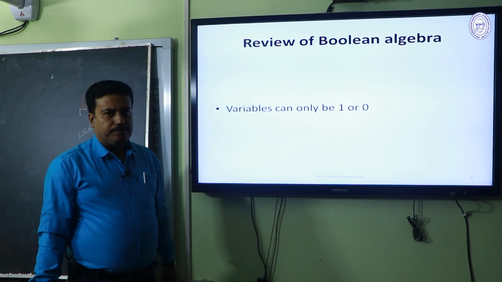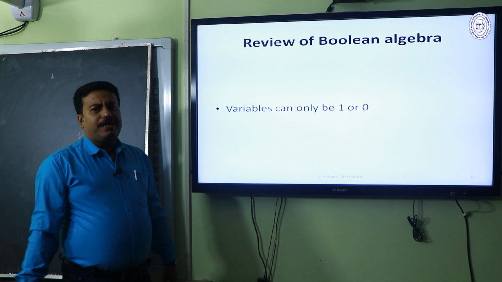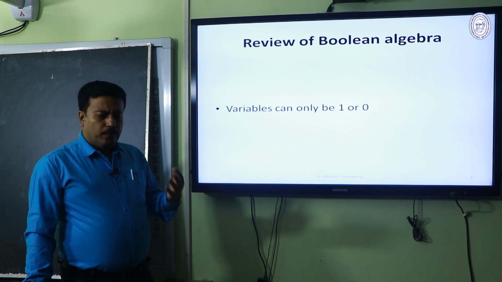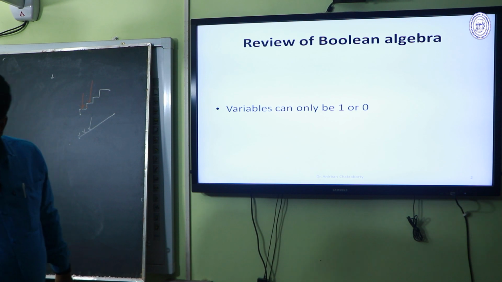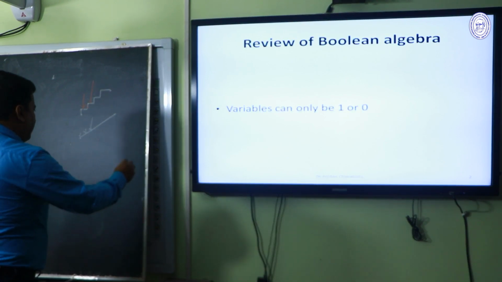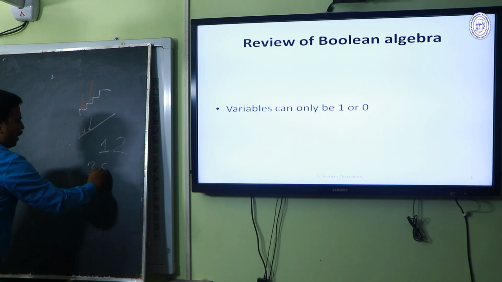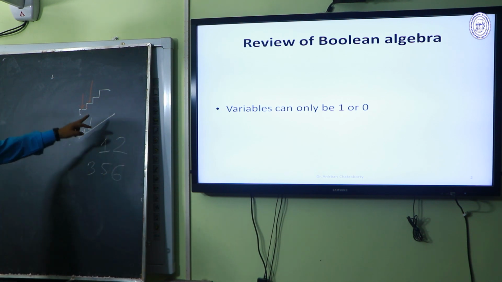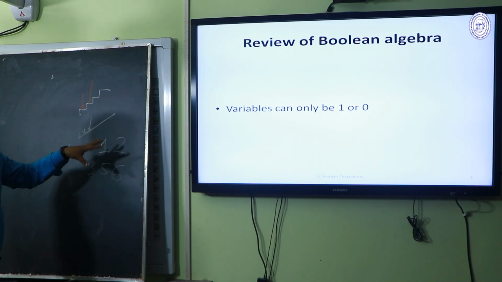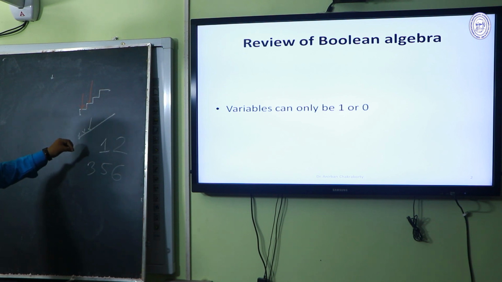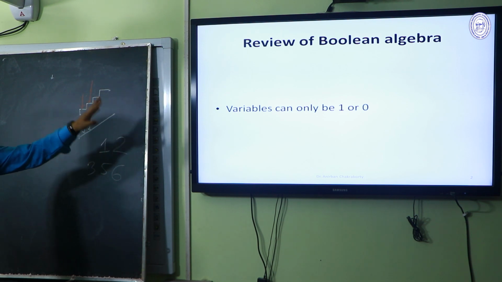Boolean algebra. In our traditional mathematics, what do we learn? We have learned numbers such as 1, 2, 3, 5, 6, all of which are composed of digits 0 to 9.